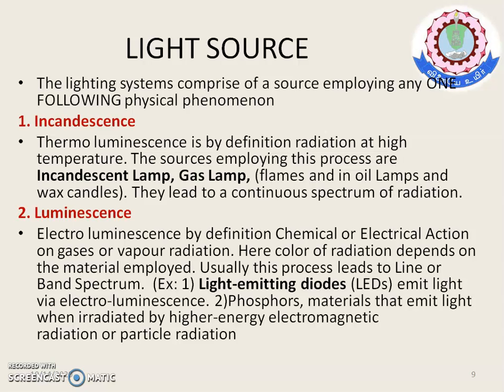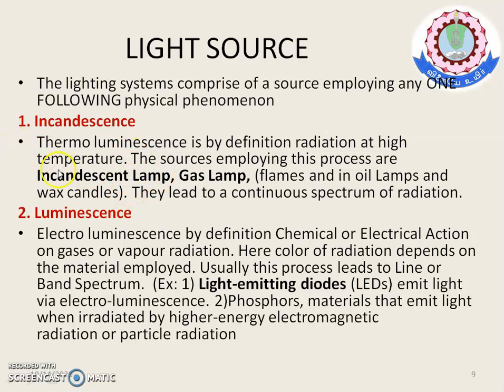That is nothing but the kundu bulb, which works on the incandescent principle. A tungsten element is heated to a high temperature, and at that high temperature it emits light energy. That is the principle. They lead to a continuous spectrum of radiation. There are many drawbacks that we will discuss later, but this is the first principle of light source.